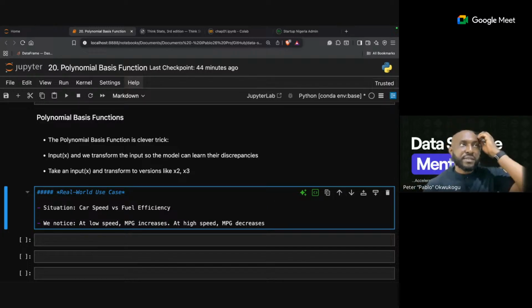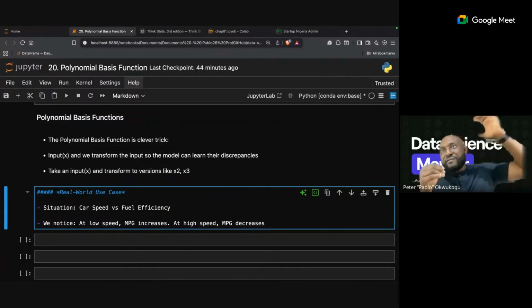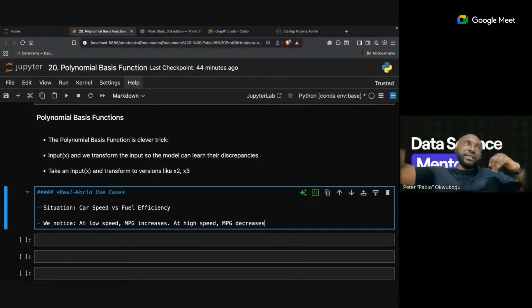Now, this isn't a straight relationship. It looks like it could be linear, but you have to understand that the car does not drive the way you would think. It depends on how you drive the car.